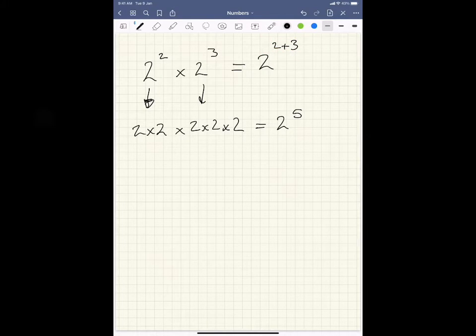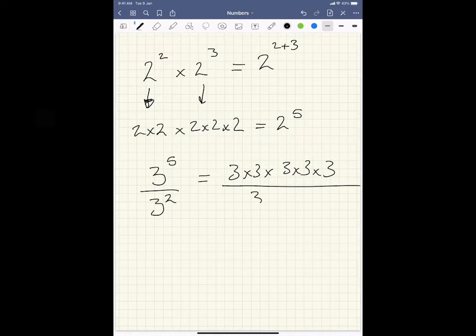Let's do that again now for maybe this one. I think I've changed the question a little bit. But this is 3 times 3 times 3 times 3 times 3 divided by 3 times 3. Anytime we have a whole bunch of multiplications, the times 3 here will just cancel out with the divide 3 here.